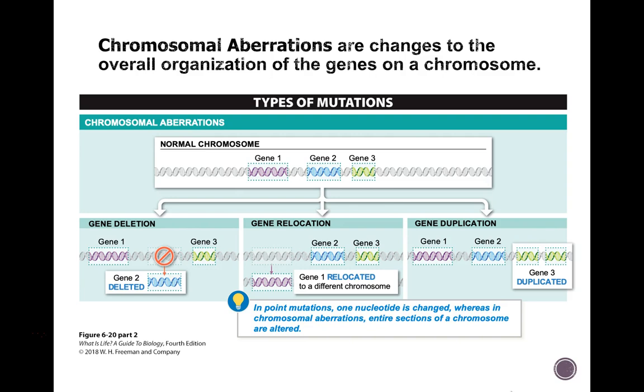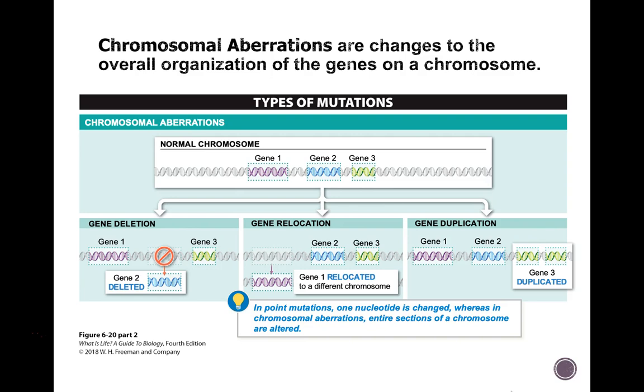This can also occur from an exchange in cell division called crossing over, where the chromosomes that originally came from your mom and dad don't correctly exchange genetic information at a particular point, and some information can be lost.